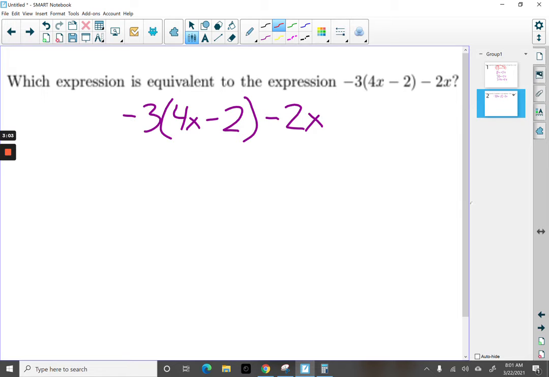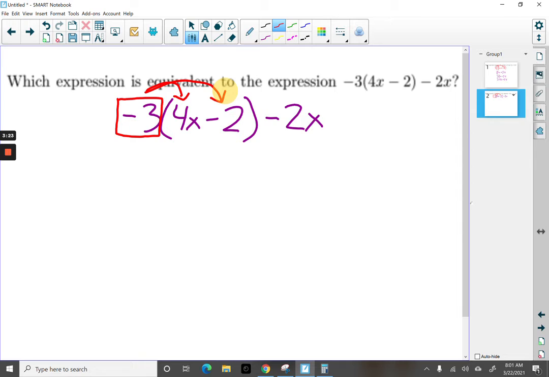Now, the important thing in this is that I'm actually taking this entire -3 and I'm distributing it to all terms inside the parentheses, not the terms outside, just the terms that are inside.